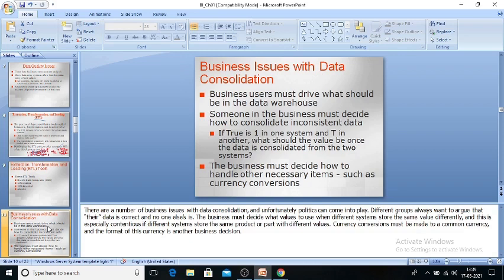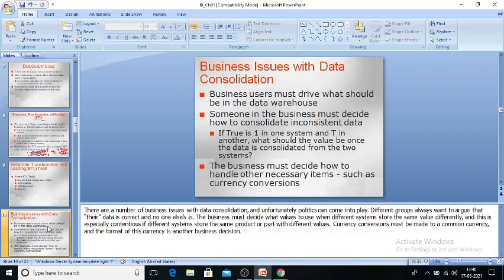Got it? Business users must drive what should be in the data warehouse. Those who are taking care of the business, the data warehouse, they must drive what should be there in the data warehouse. Whether they need to use T for true or 1 for true or TRUE for true, which one should they follow?